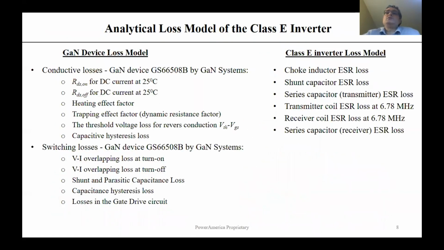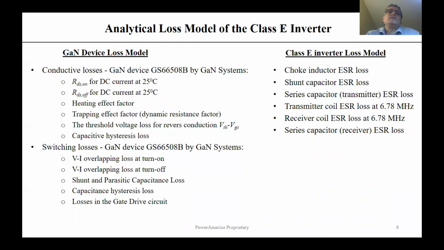The next step is to derive a model that accurately predicts losses in the inverter. That includes the GaN device switch losses. We consider both conductive and switching losses of the GaN device. For this modeling, as well as for the entire project, we decided to use the GS66508B GaN device manufactured by GaN Systems.